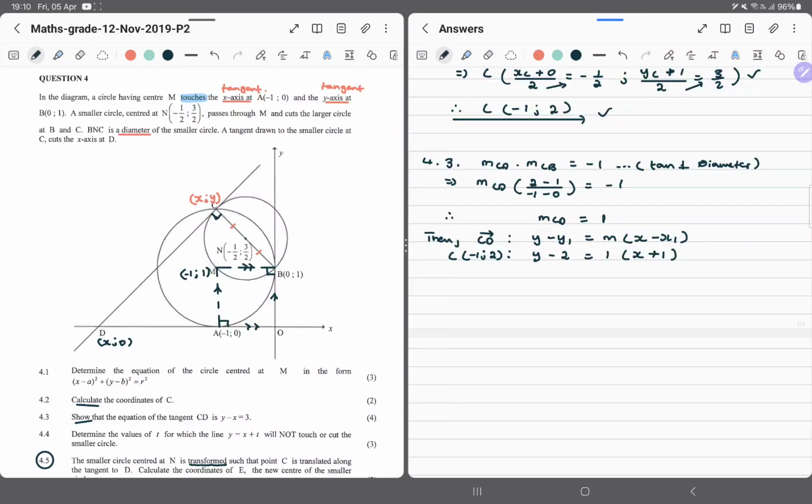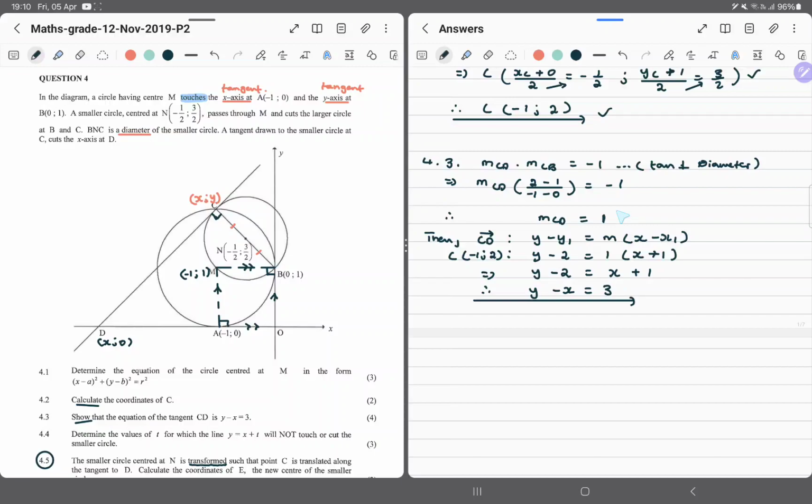Okay. Which implies that y minus 2 is going to be equal to x plus 1. Then I want to put it in the format that they gave us, so we can conclude that y, transpose x, is going to be minus x equals 1. When you transpose the 2 there, it becomes a 3. Nice and easy.